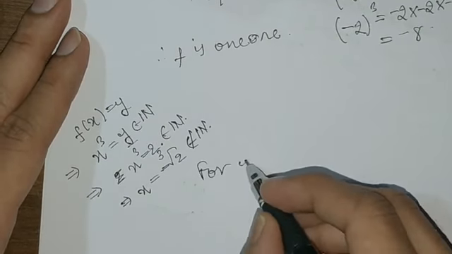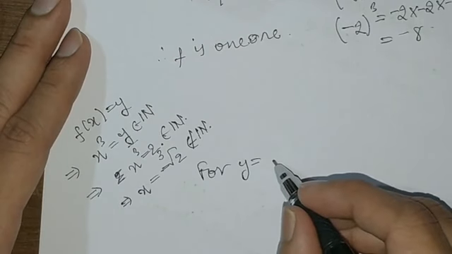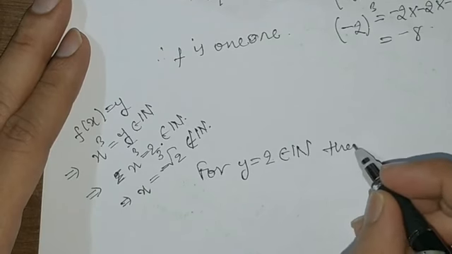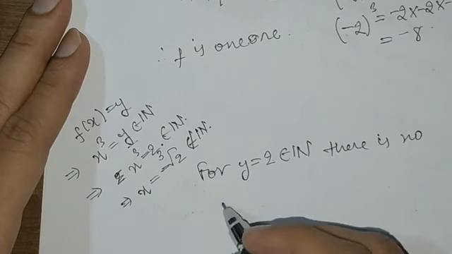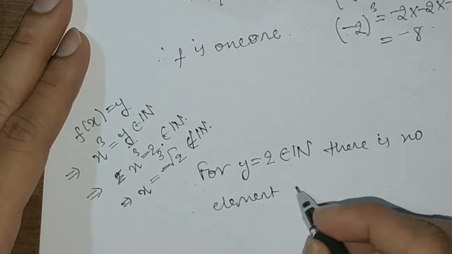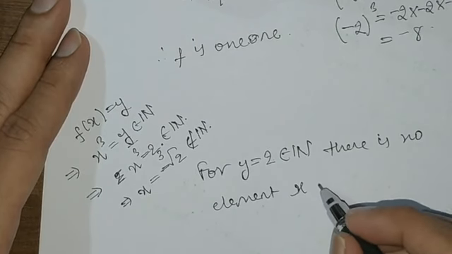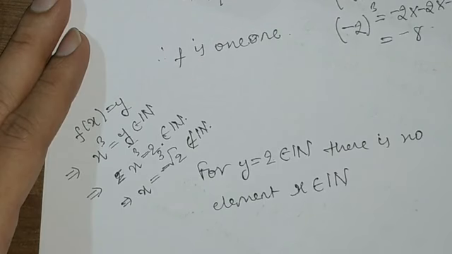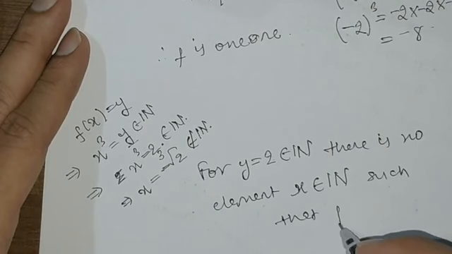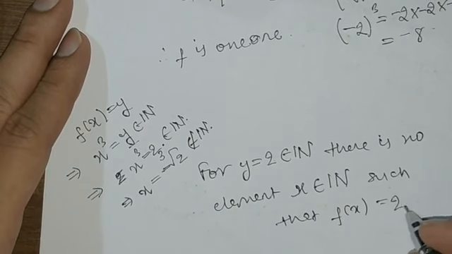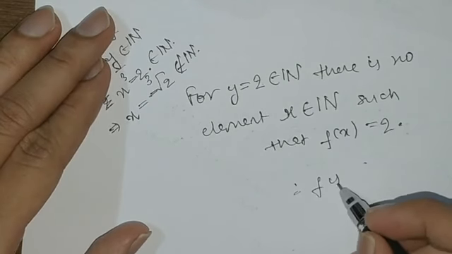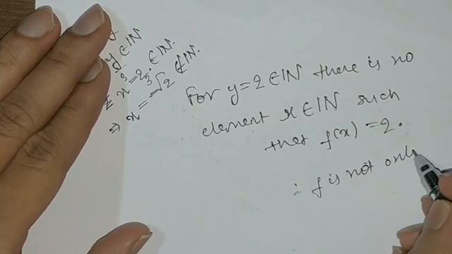So for y equal to 2, which belongs to the natural numbers, there is no element x in the domain such that f(x) is equal to 2. Simple, right? So therefore f is not onto.